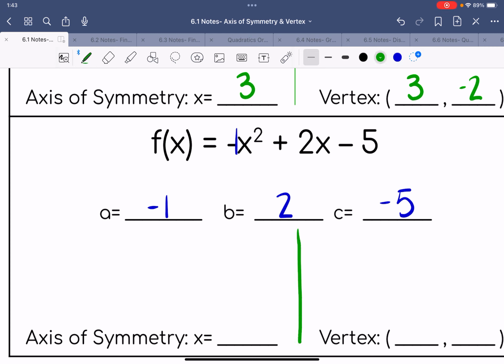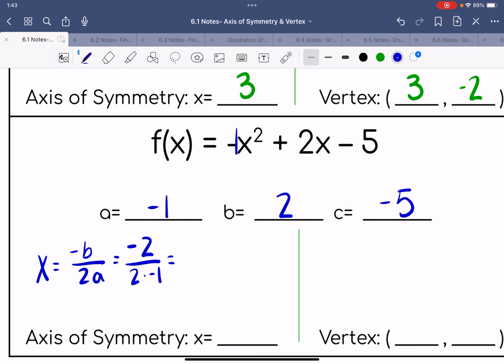Okay, split my workspace up here. I am going to find my axis of symmetry. My formula is always the same thing. X equals negative b over 2a. Plugging in my b value, that's going to be negative from the formula, and then my b value is 2. And then on the bottom of my equation, my a value is negative 1, so this is going to be 2 times negative 1.